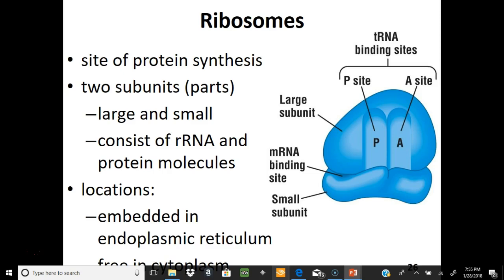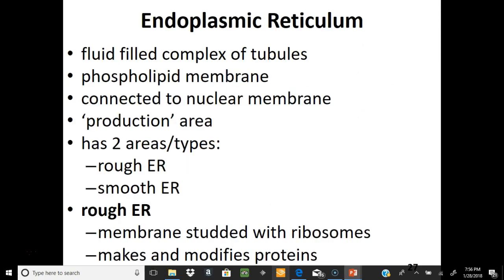The large subunit is known as a 60S subunit, and the small one is known as a 40S subunit. They make up what we call 80S ribosomes. They are either going to be found embedded in the rough endoplasmic reticulum, or they'll be just free-floating in the cytoplasm. Their function is for protein synthesis. That's what they do.